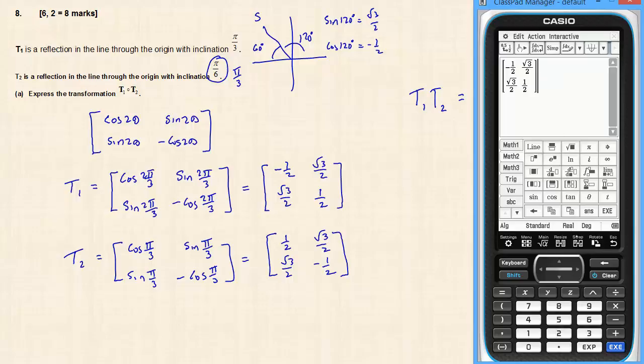And we're going to multiply that by a second matrix, which is, could have saved myself some time by cutting and pasting this one, I think, but never mind, I'm doing it now.